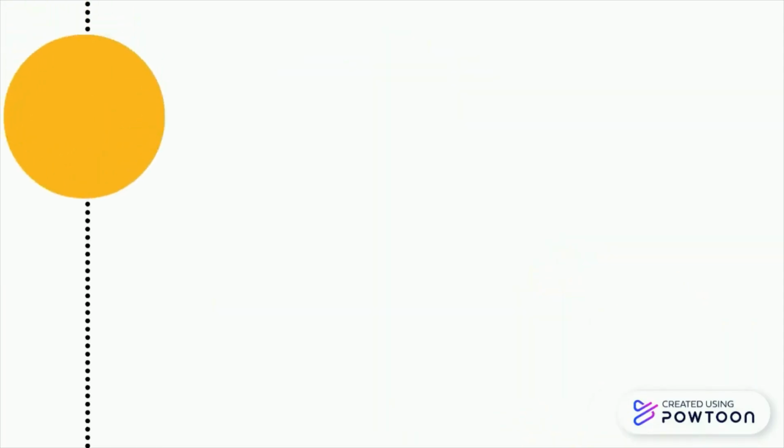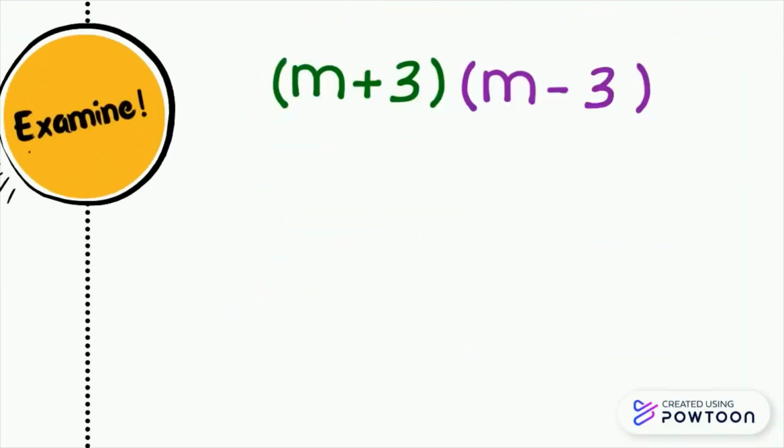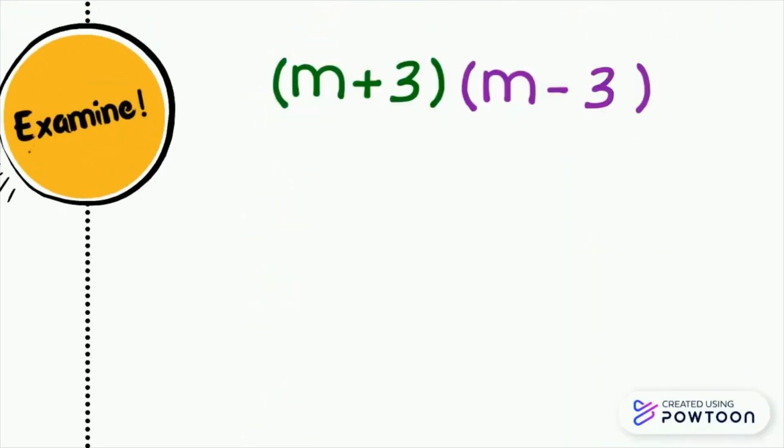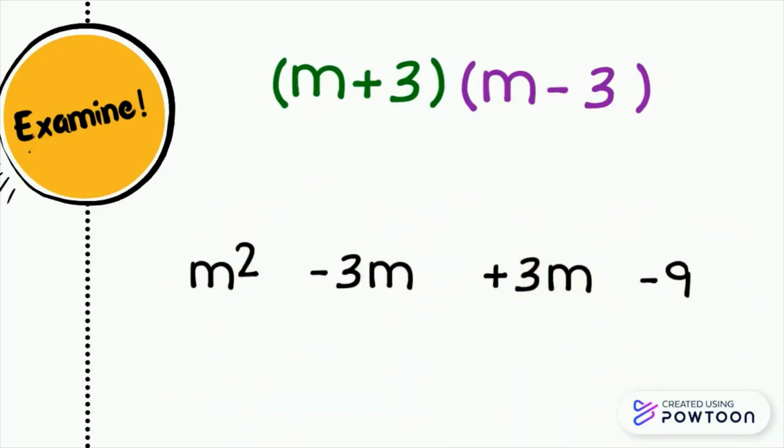Next is to combine like terms. Remember, like terms are terms with the same variables and exponents. When we say combine, it means putting together, which implies addition, specifically the addition of integers. As said so, there are rules to follow.